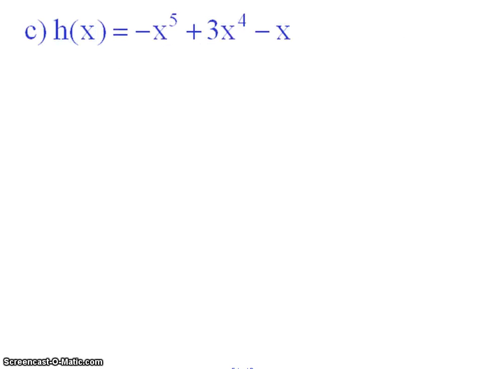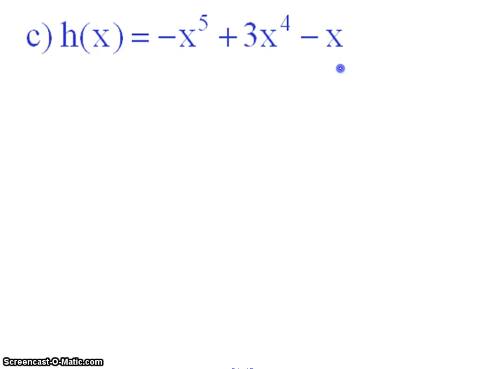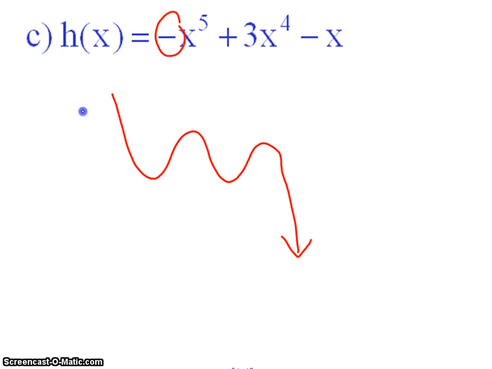Okay, what about this one? So, same idea, except it's negative. It's flipped, like that. F of x approaches positive infinity as x approaches negative infinity.